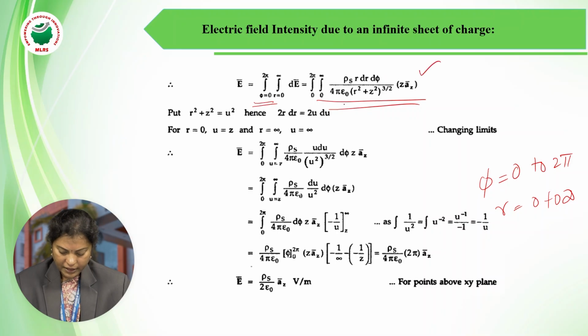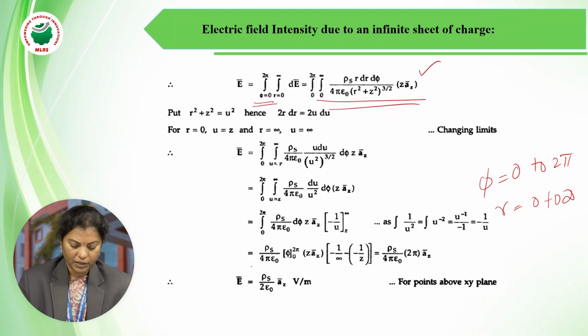We can write it as integral 0 to 2 pi, integral 0 to infinity rho s into r into dr into d phi by 4 pi epsilon naught into (r square plus z square) whole power 3 by 2 into z into az. To derive this, I am assuming r square plus z square equal to u square.